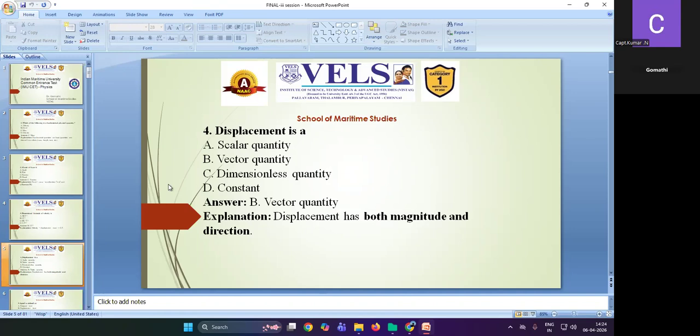Vector quantity has both magnitude as well as direction. Now the displacement is a vector quantity. It has both direction and magnitude.